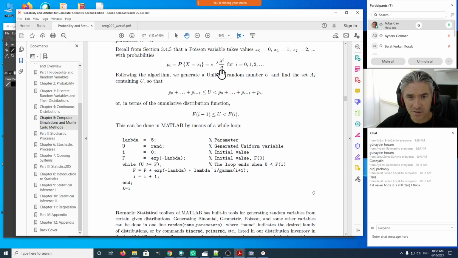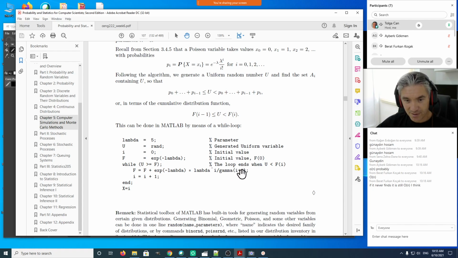If this I is an integer, we know that the gamma function directly gives the factorial of whatever you put here minus 1.